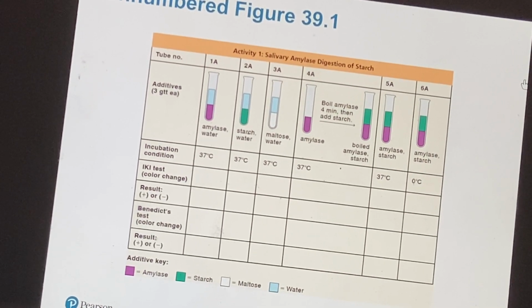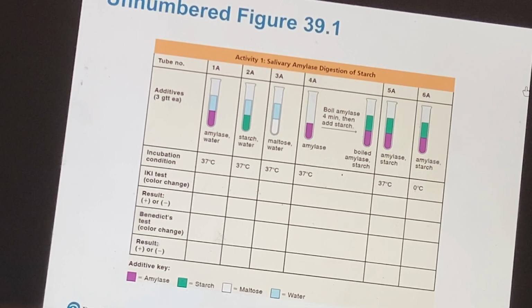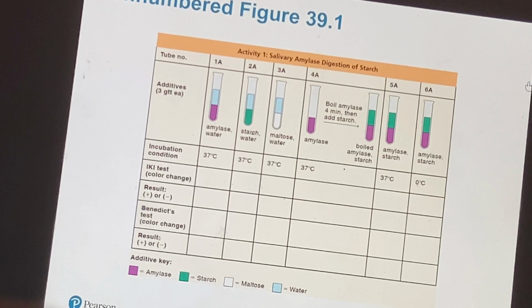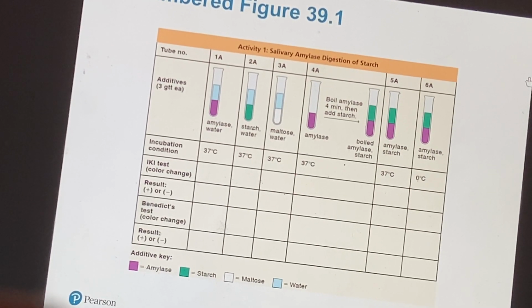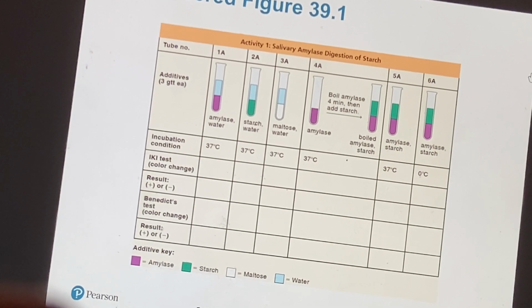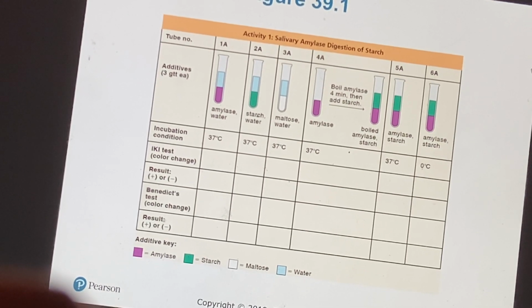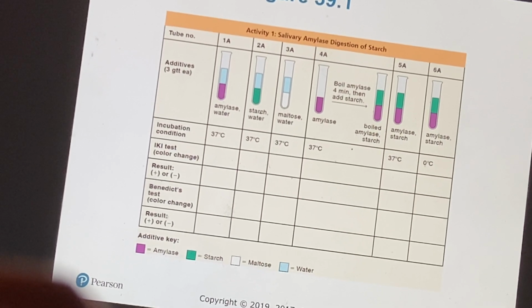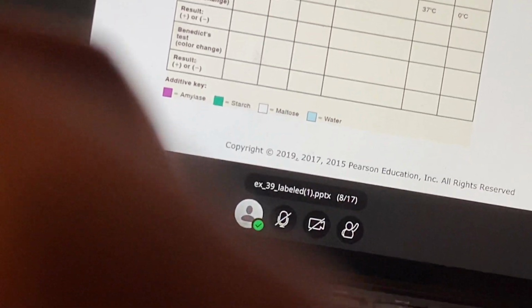Activity one is all about the salivary amylase digestion of starch. In this activity, the material that is usually available in the lab is starch. As I was telling you, sometimes technical problems arise, like the preservation and preparation of the starch.